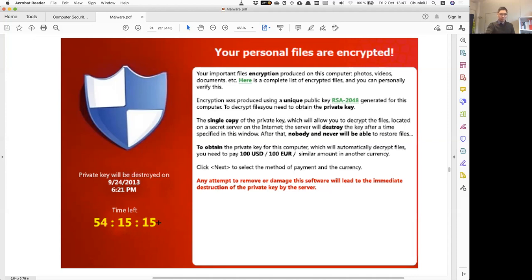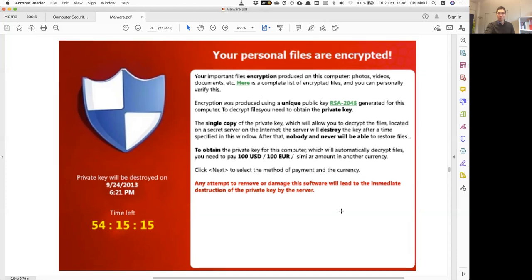When you see it, okay, it only has 54 hours, and then the victim becomes hesitant and tries other ways to avoid paying the ransom. But this countdown timer is like a sword hung over the head of the victim. It's rather nasty.